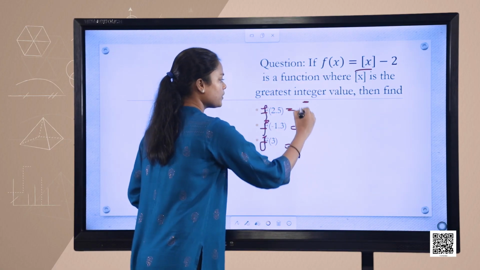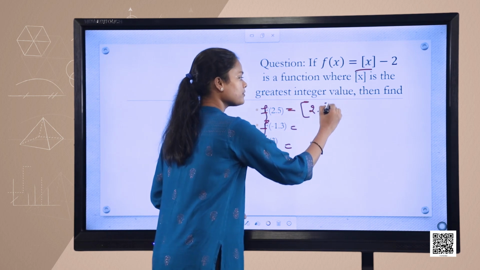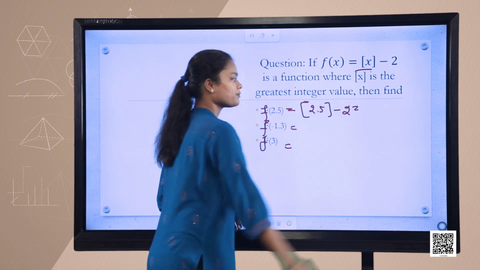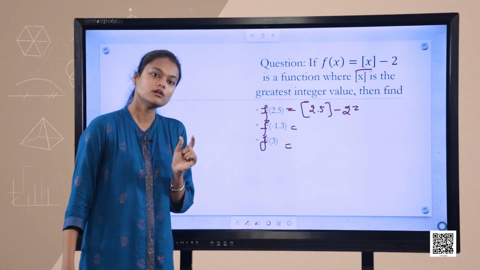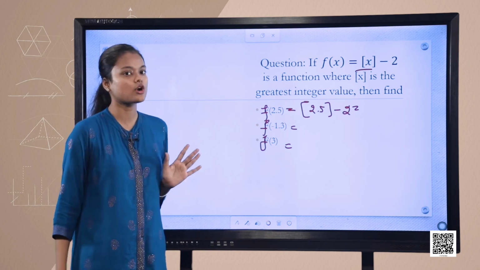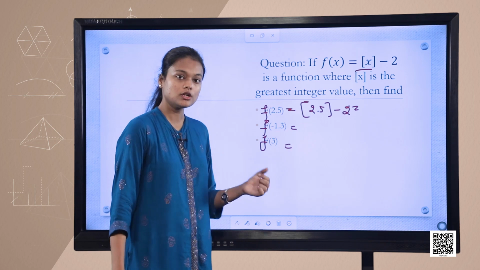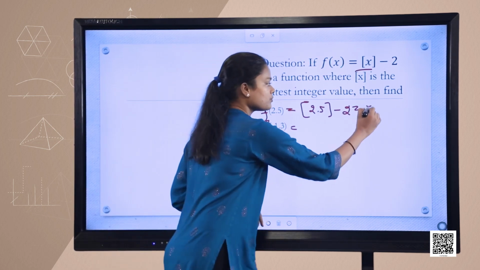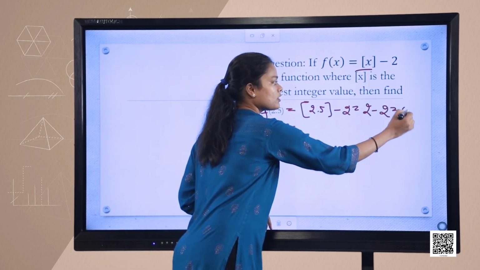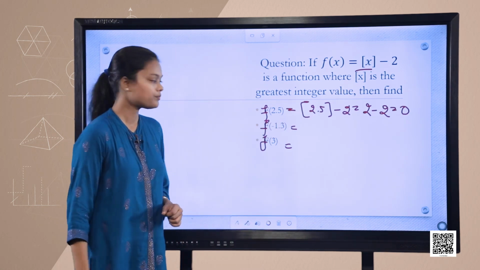In this case, what we are going to do? We will put the values 2.5, -2. So 2.5 is lying in which interval? 2 and 3, where 2 is included but 3 is not included. That means the value of this function will be 2. So the answer will be 0.